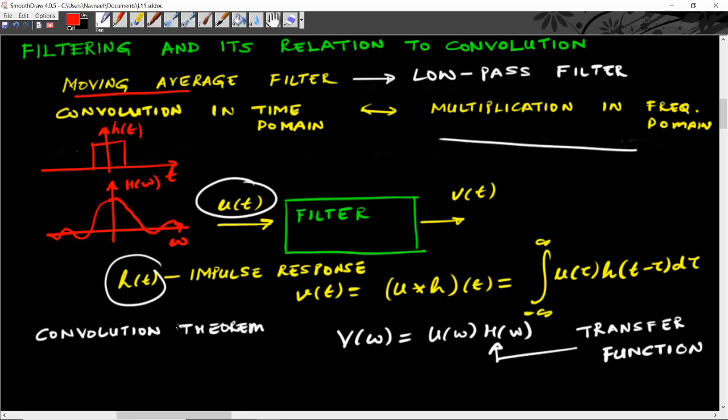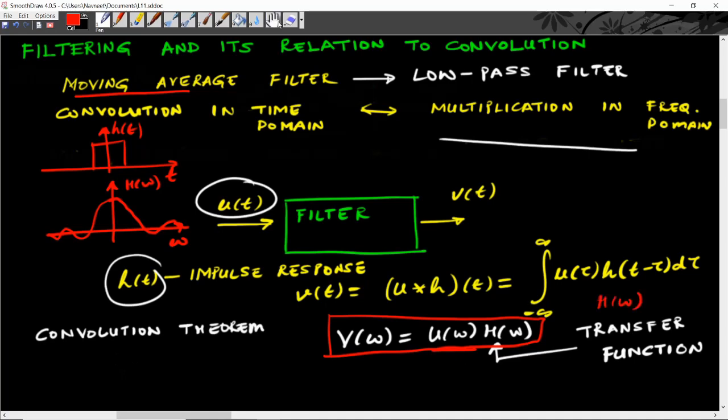Filters based on convolution are designed to modify the spectrum of the signal, that is u of omega, through this multiplication given by this equation. So the design of a filter essentially involves design of this transfer function, that is h of omega.